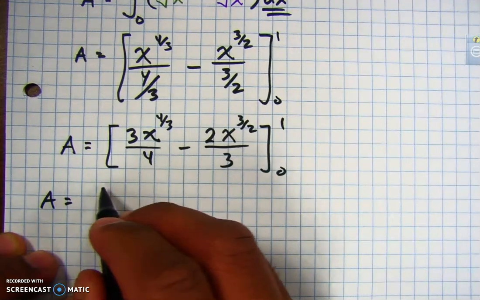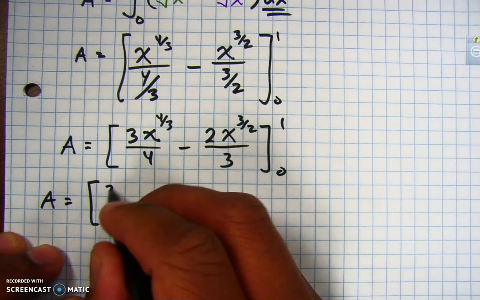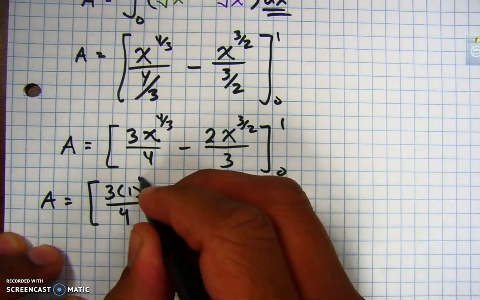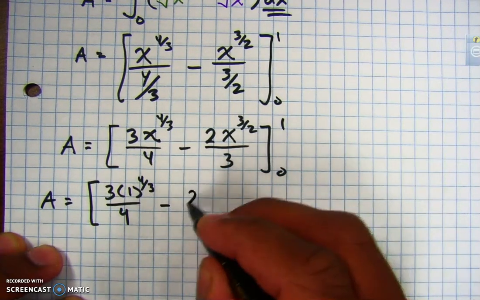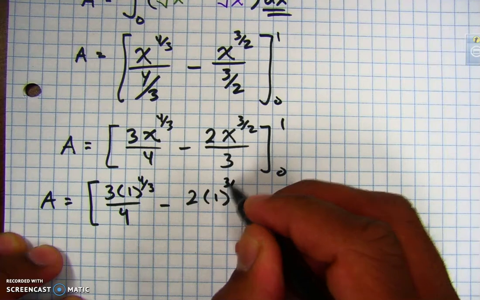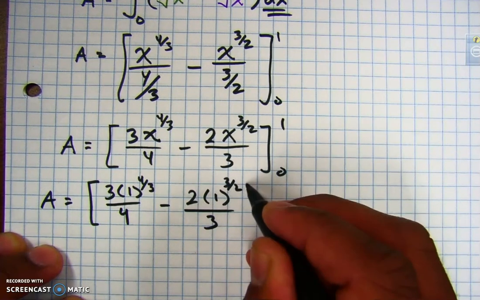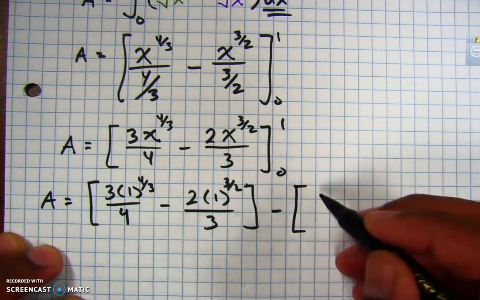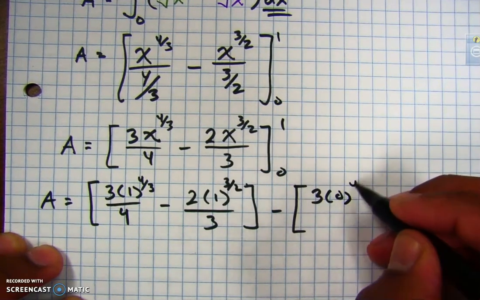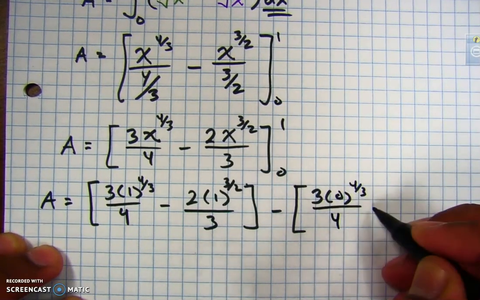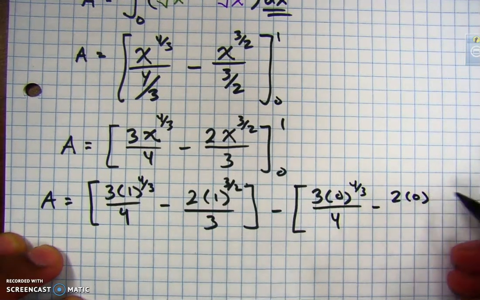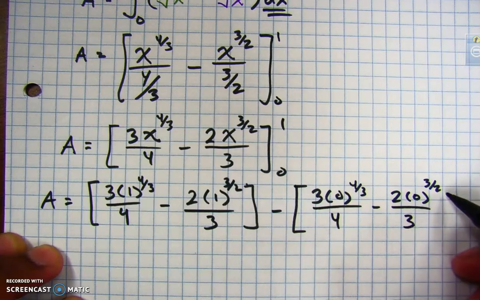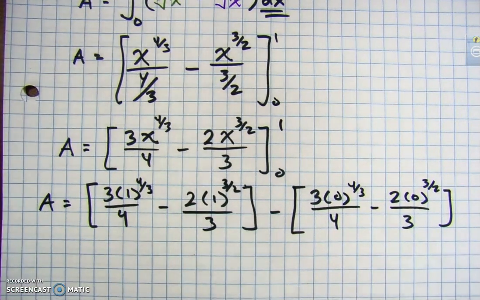So area is just 3 times 1 over 4 to the 4/3 minus 2 times 1 to the 3/2 over 3, minus, then we're going to substitute the 0, and we've done this too many times now.